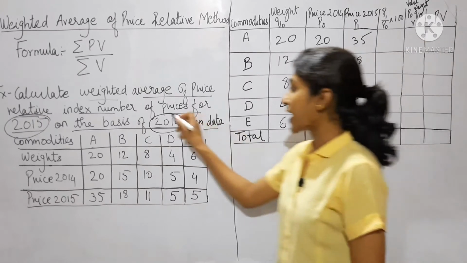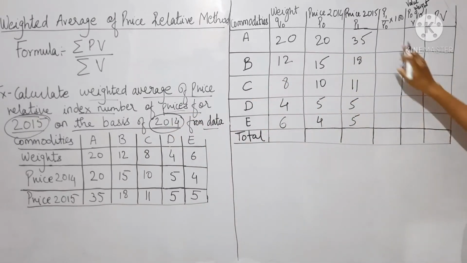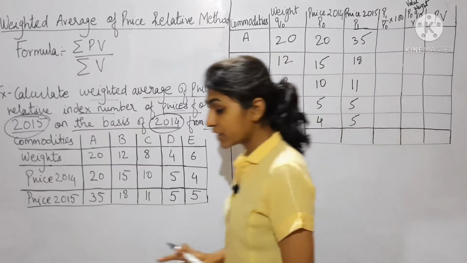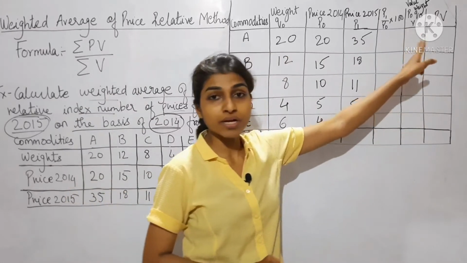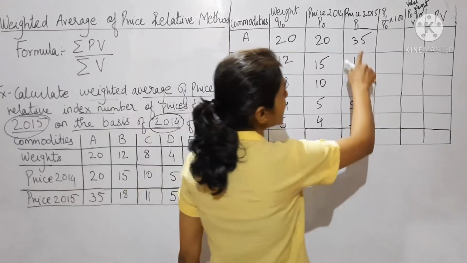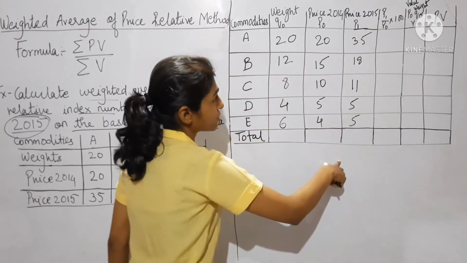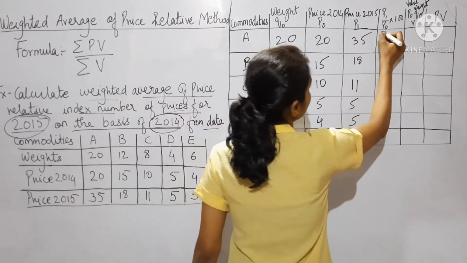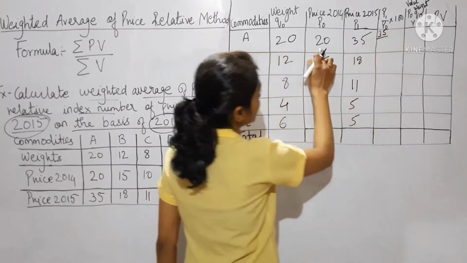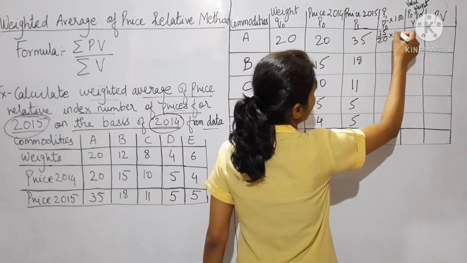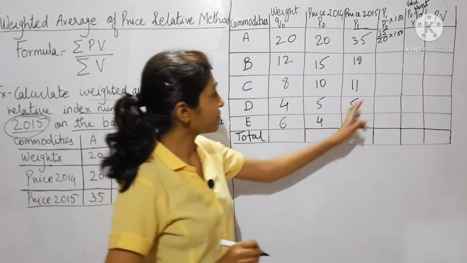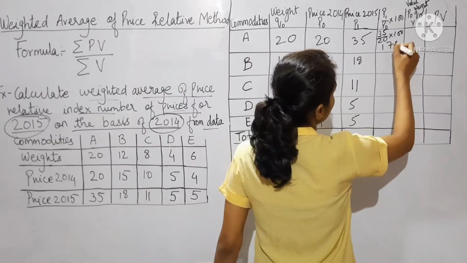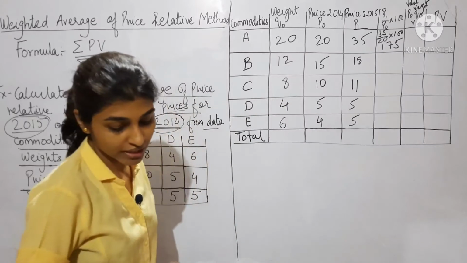Next we have to find the price relative, by dividing P1 by P0 and multiplying by 100. P1 is the prices of 2015 and P0 is the prices of 2014. So 35 divided by 20 multiplied by 100, the answer you get is 175.